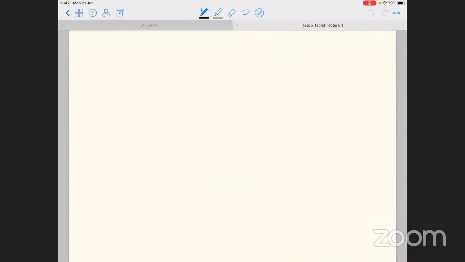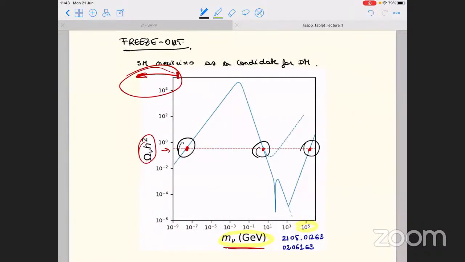About freeze out, I have essentially two possibilities. What I'm going to try to get now is the moment where the rate of inelastic interaction, here the annihilation of my dark matter, the standard model neutrino, into standard model fermions, is getting to a chemical decoupling.